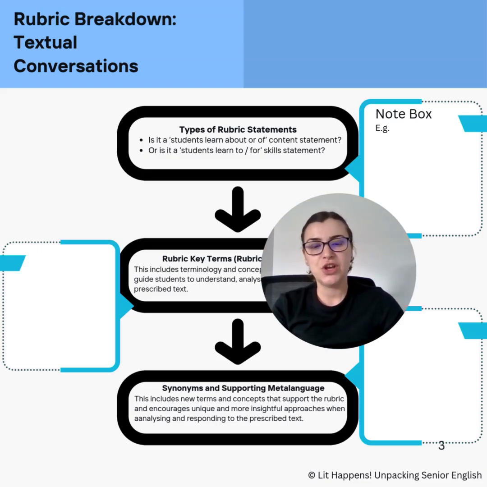Things that might help springboard their analysis further, like communication, connectedness, belonging, nationhood, sense of self, self-awareness, self-actualization. Just those extra added terms might encourage students to make a more unique interpretation of the prescribed text according to the rubric.